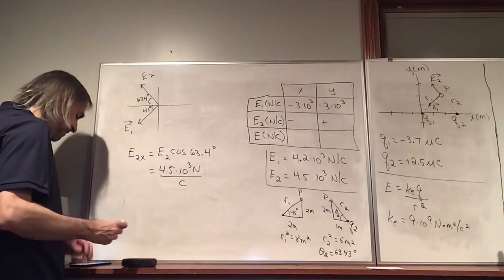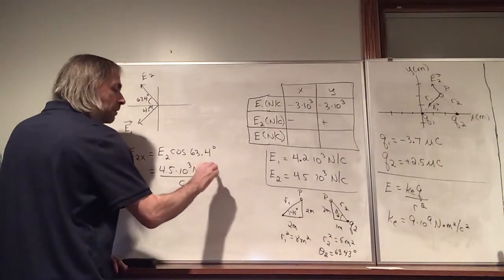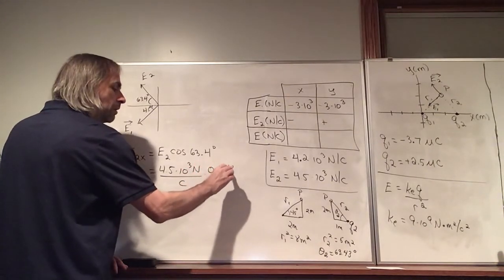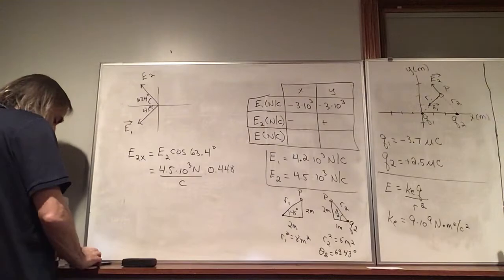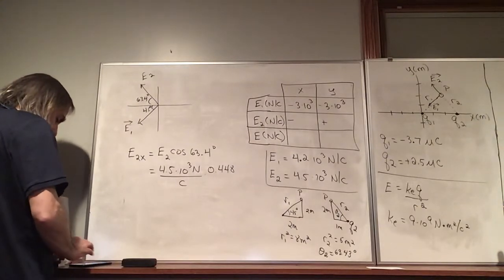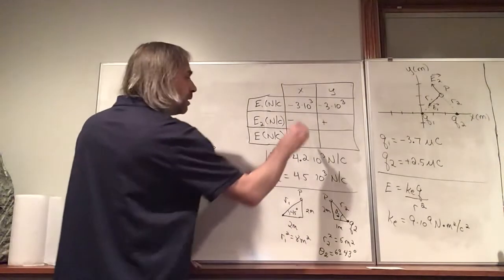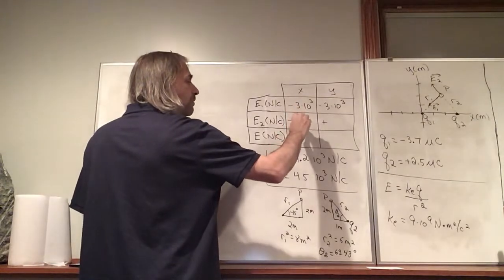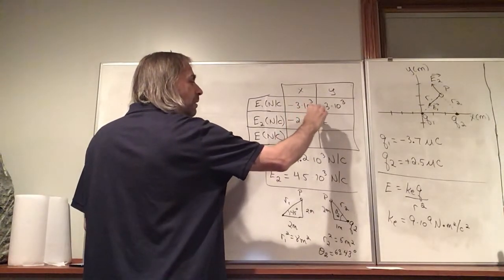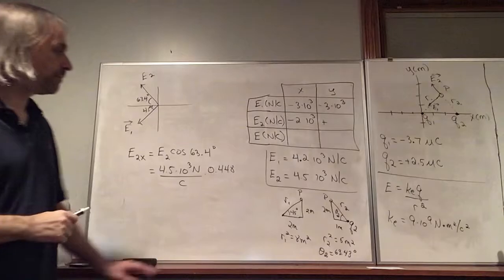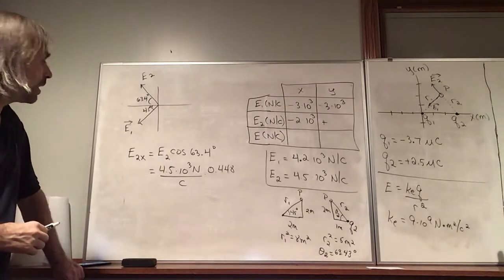It's about 0.448. So I'm getting around 2 times 10 to the third for the x component.